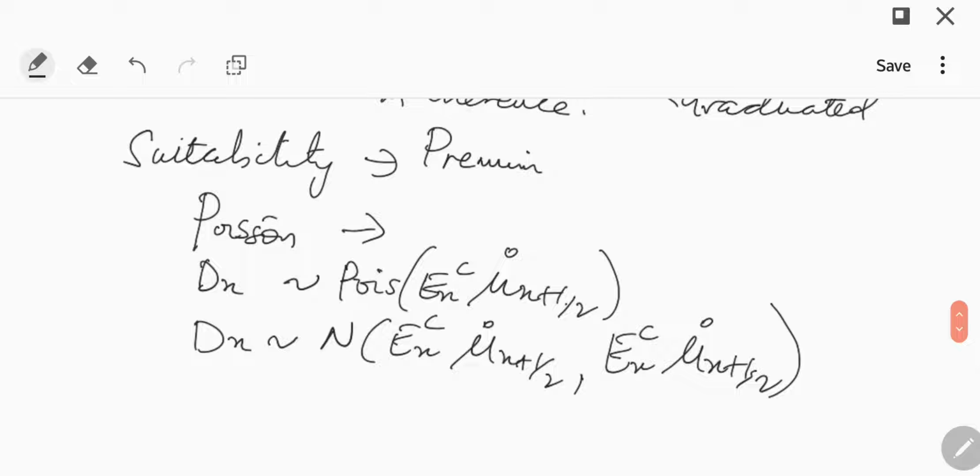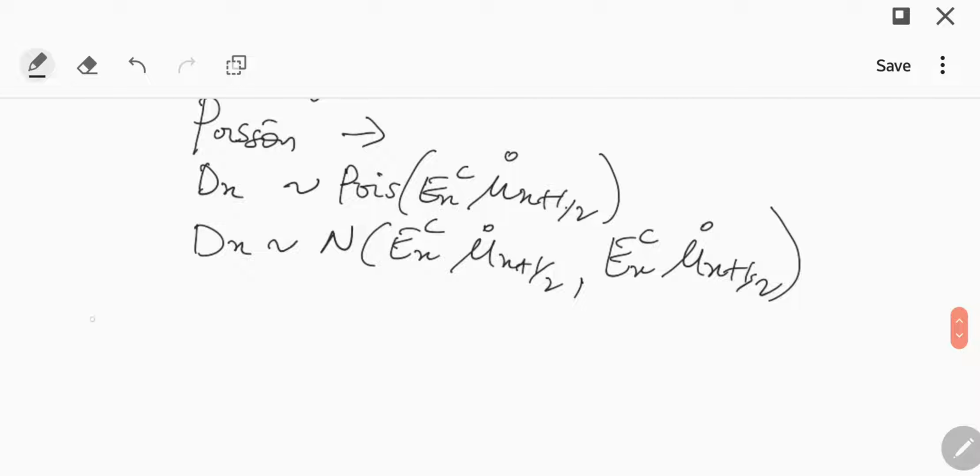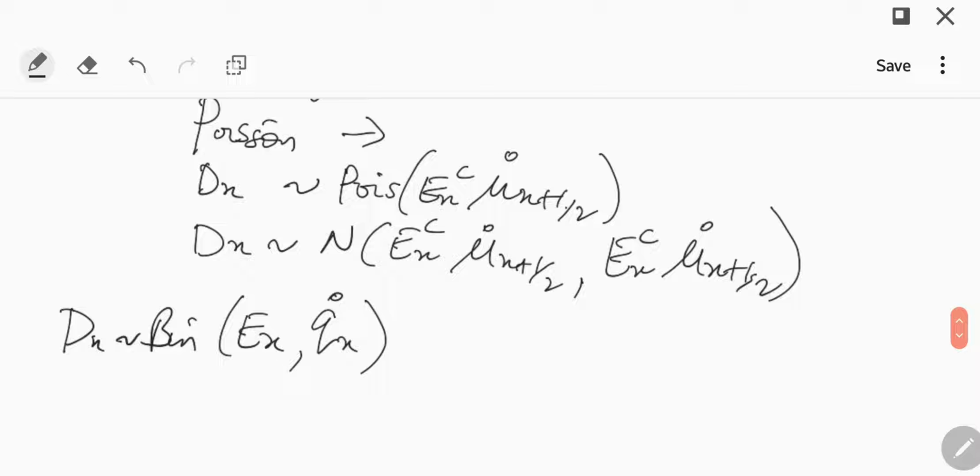So if I'm using a Poisson model where I'm trying to express the force of mortality at age x plus half, or if I'm going with a binomial model, again the same, the dx will follow a binomial distribution with initial exposed to risk and qx, which is a graduated qx.